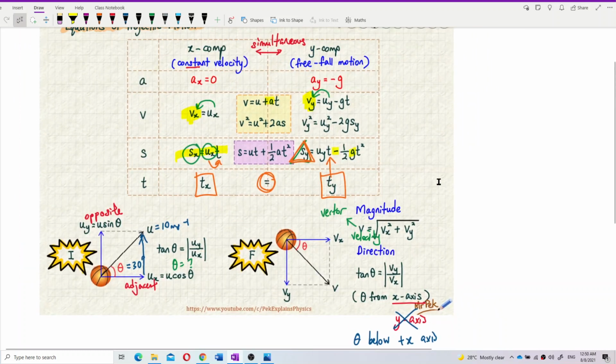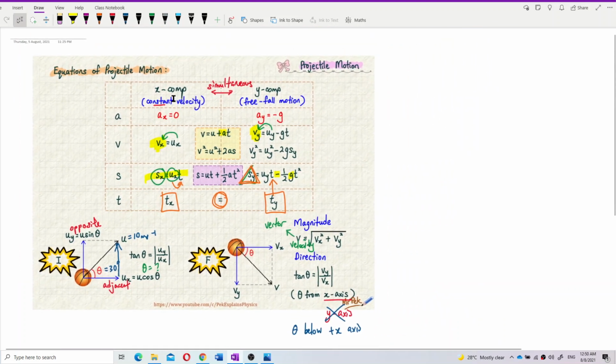So very simple. Remember the x component, ax is 0, and the y component is ay equal to negative g. These two components are always linked by the time taken, because tx is always equal to ty. Once you get the time from the x component, you can use it in the y component to get the rest of the things, like displacement in x and displacement in y. Similarly, you can do it the other way around.